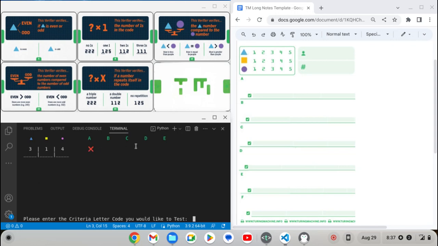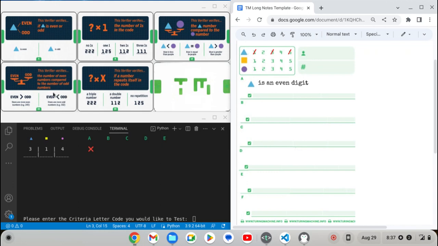So basically it's telling me that triangle should actually be an even digit. So let's go ahead and type that up in our notes: that triangle is an even digit. And of course, since it is even, I can cross out all of the odds. So I'll cross out 1, 3, and 5.